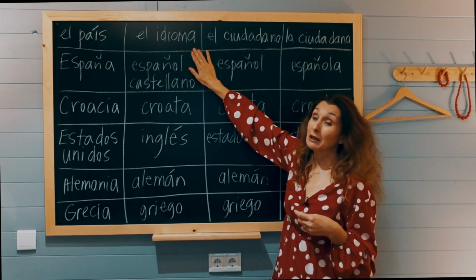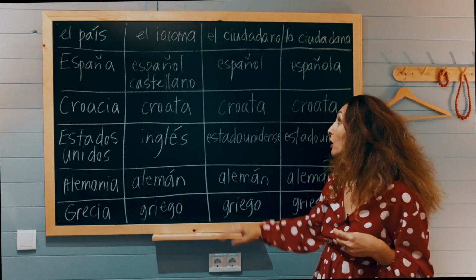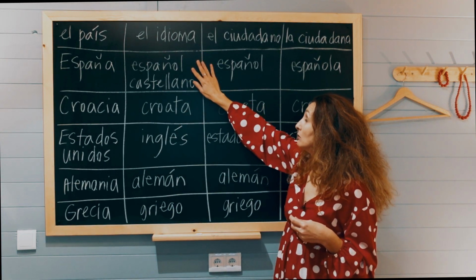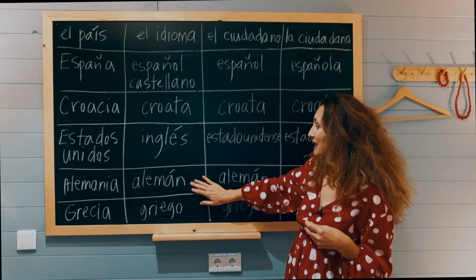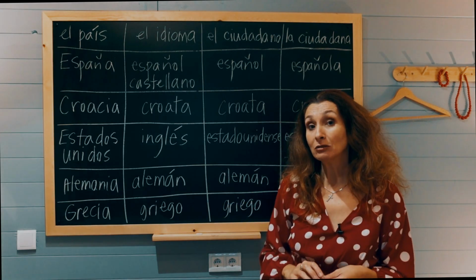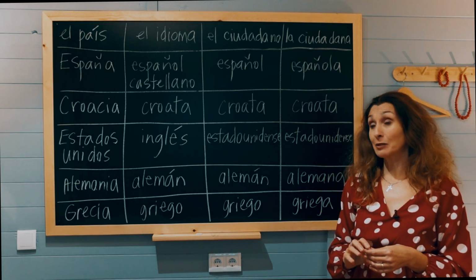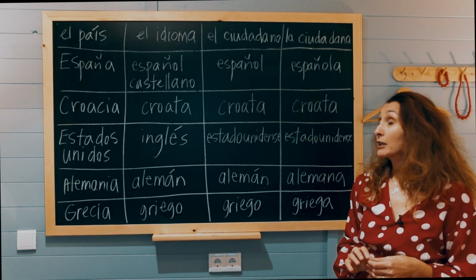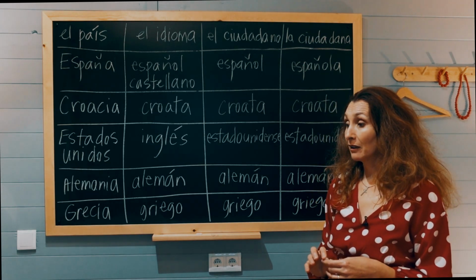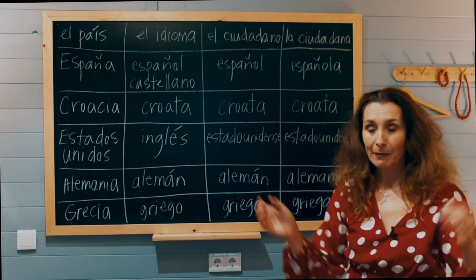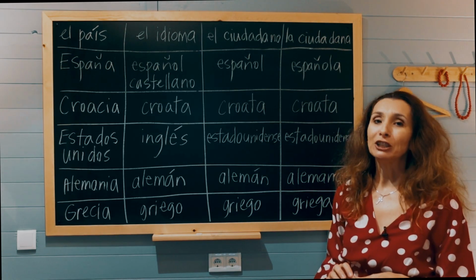Now, all languages are masculine nouns. So, español o castellano, croata, inglés, alemán, griego. Yo hablo español. I speak Spanish. Or Spanish is beautiful. Español es muy bonito.